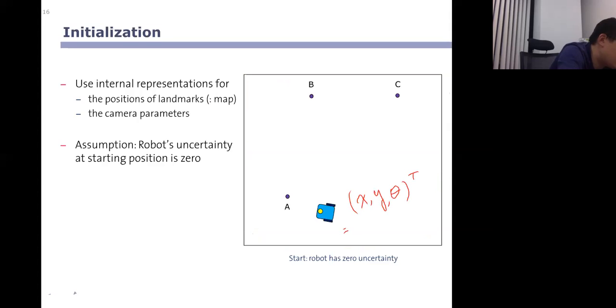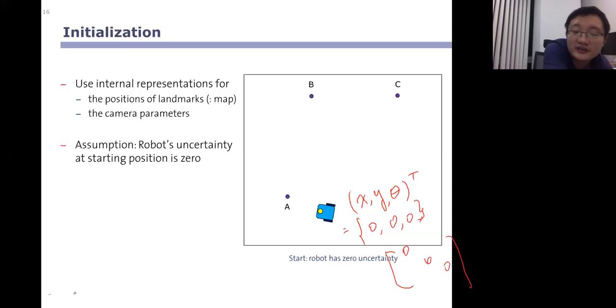We can assume that this should be 0, 0, and 0. The variance matrix over x, y, z is all 0. You don't have any uncertainty. This is a fair assumption because you just turned on the robot. So this position is 0, 0, 0, and you don't have any uncertainty.